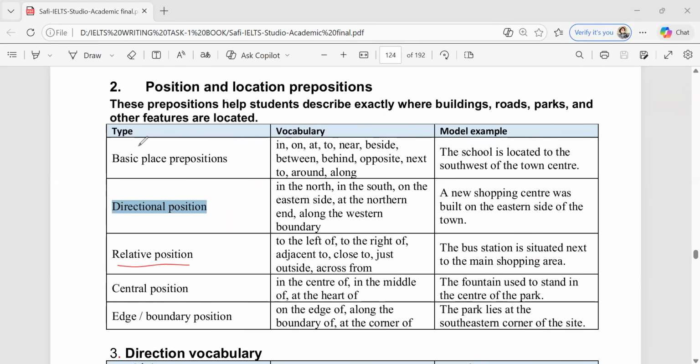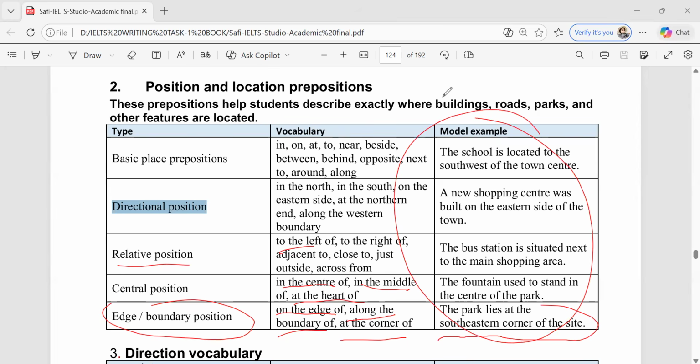Relative position means you can say to the left of the school, to the right of the park. Then central position: in the center of, in the middle. And if there is anything on the boundaries, you can say on the edge of, along the boundary of, at the corner. So, the park lies at the southern corner of the site. This is the language you will really need, and one by one we are going to elaborate in detail.